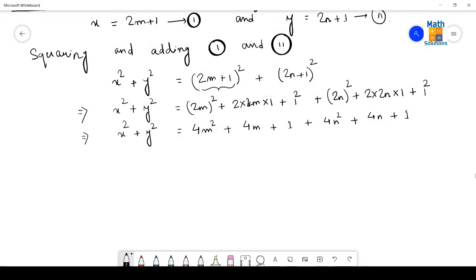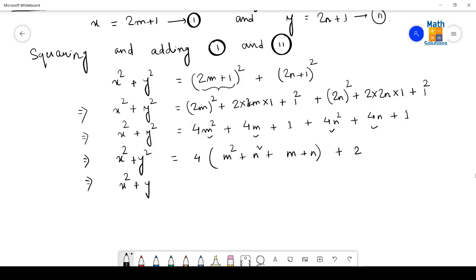On the right hand side, left hand side will remain as it is. On the right hand side, I can take common 4 in all these 4 cases. Am I right? So I'm going to take common 4 in all these 4 cases and arranging them properly. Within the bracket I get m square plus n square plus m plus n, plus 1 plus 1, I get here 2.